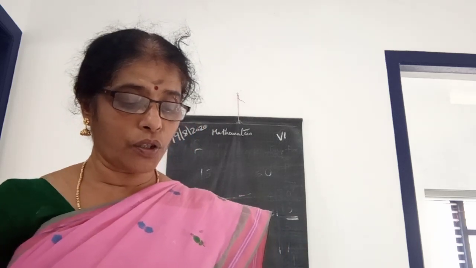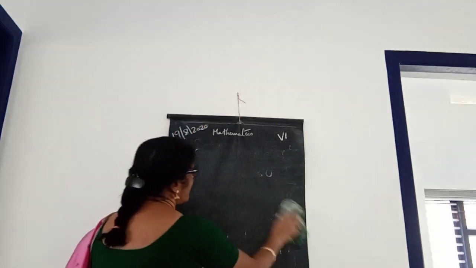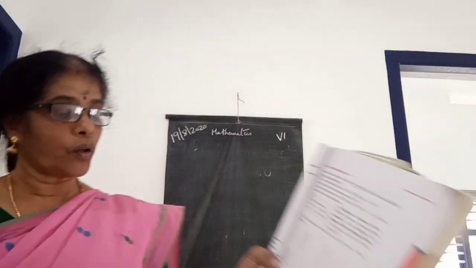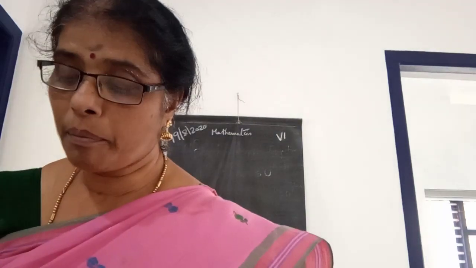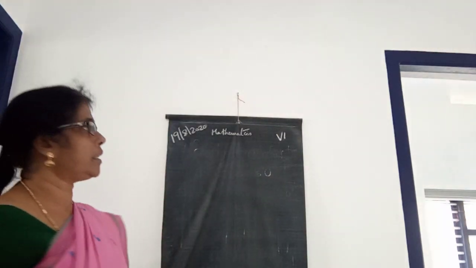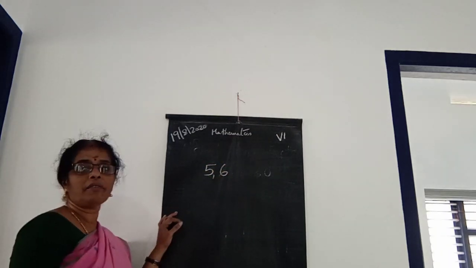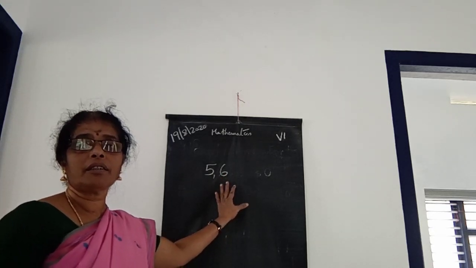And in that, one question: what is the HCF of 2 consecutive numbers? Second one. Yes, look here. What is the HCF of 2 consecutive numbers? We can take the 2 consecutive numbers as 5 and 6.